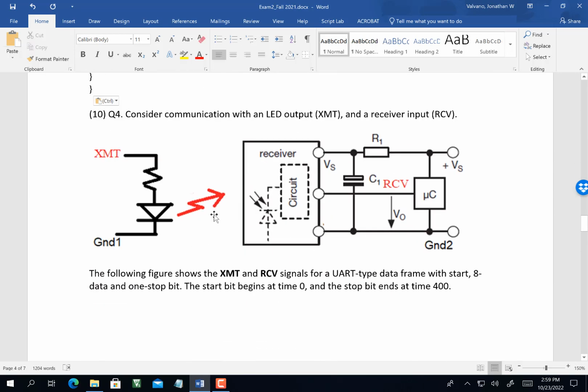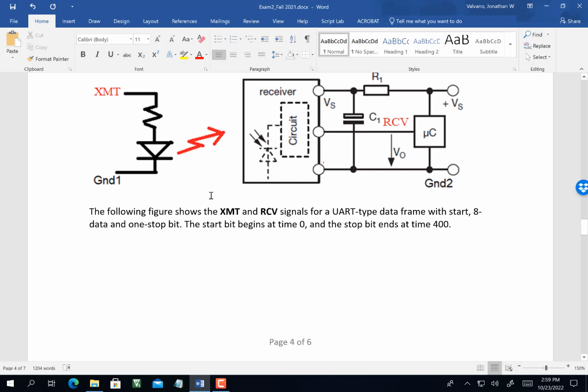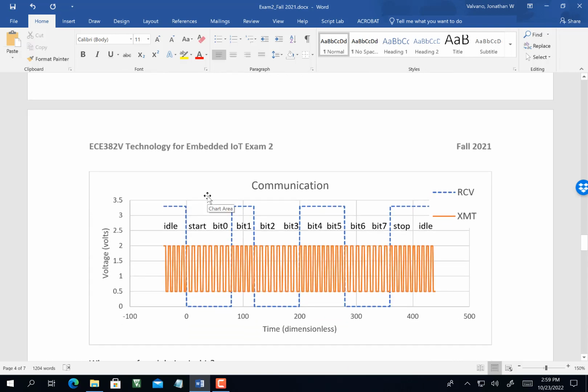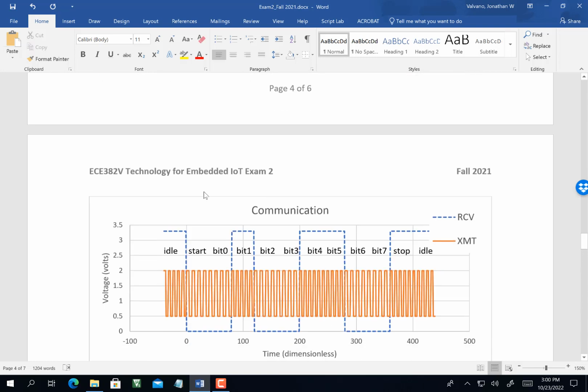Question 4. What am I looking for in the early part of this class? We talked about phase encoded, frequency encoded, amplitude encoded, and I gave you the classic remote control. It uses infrared light, but it's modulated down to a slower frequency, typically in the 20-30 kilohertz range.